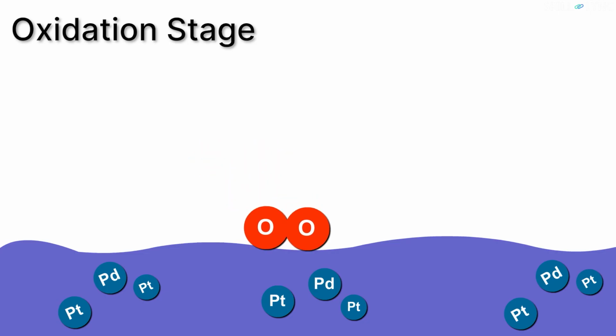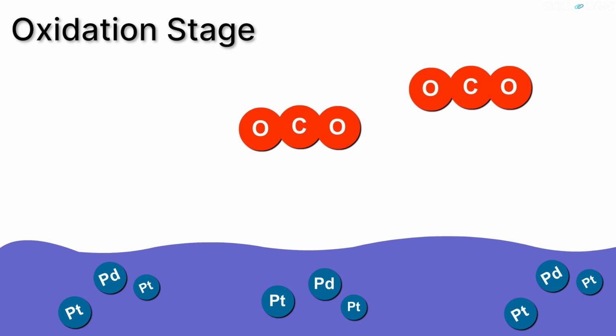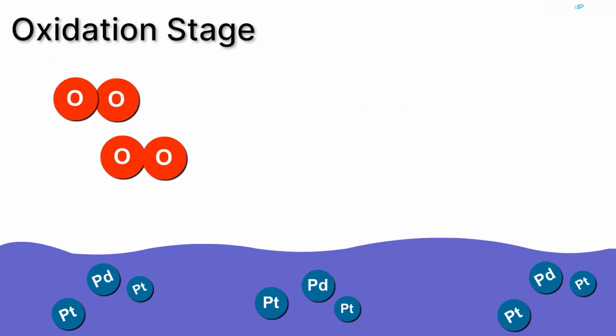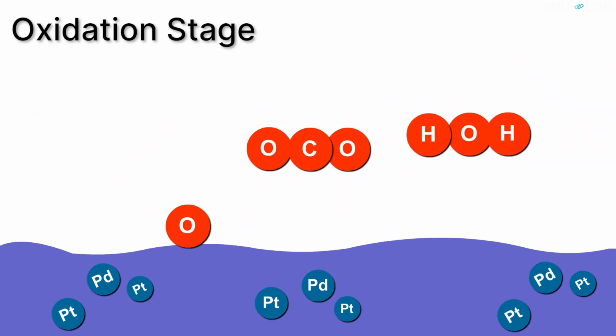The oxygen released from the previous stage combines with the carbon monoxide and hydrocarbon and produces water vapor and carbon dioxide. Thus, the harmful emissions are made harmless by the catalytic converter. Some catalytic converters use ceria, which can store oxygen when the exhaust has more oxygen, and then this ceria releases it during the reduction stage.